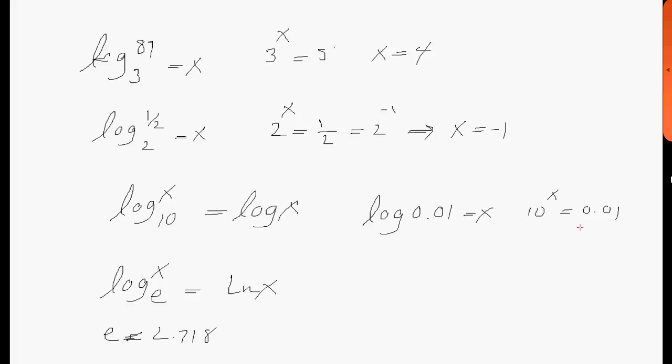And since 0.01 is the same as 1 over 100, this is 1 over 10 to the power of 2, this is 10 to the power of -2. Okay, now I know that I have the same base, so x is -2.